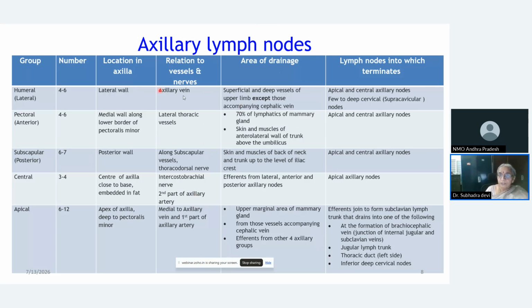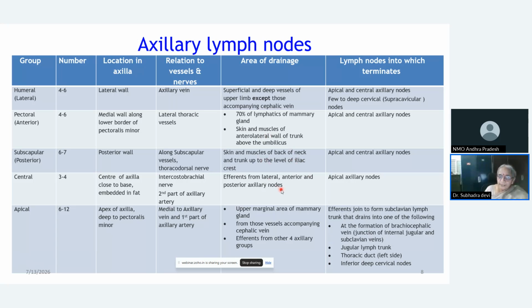And the pectoral group is important. 70% of lymphatics of mammary gland and muscles and skin above the umbilicus will drain there, followed by the posterior group. Okay.